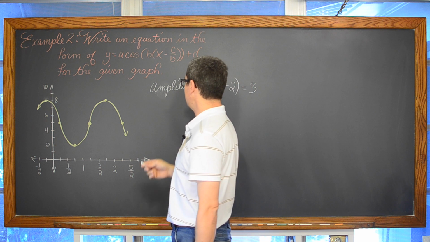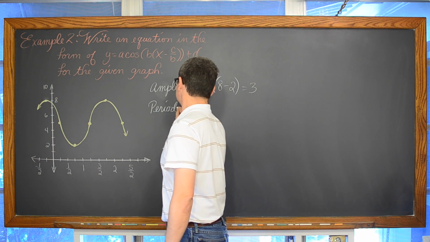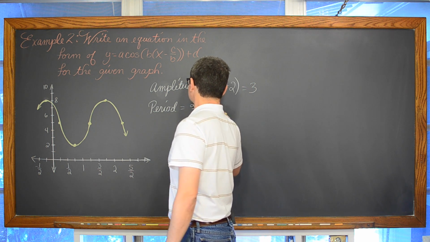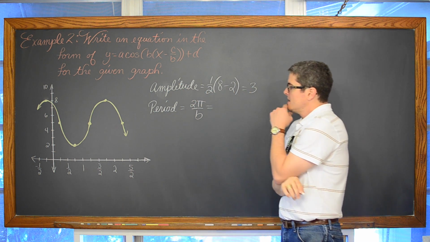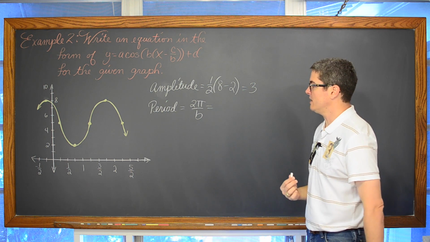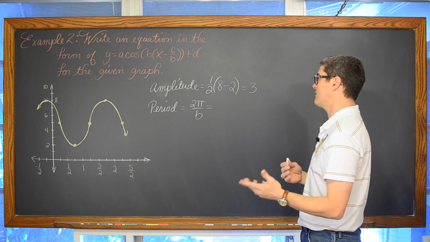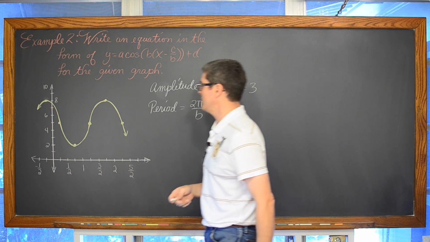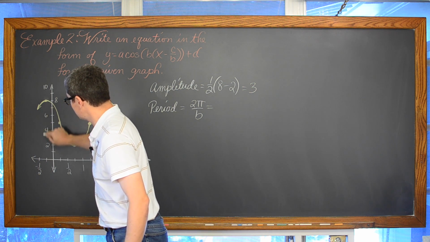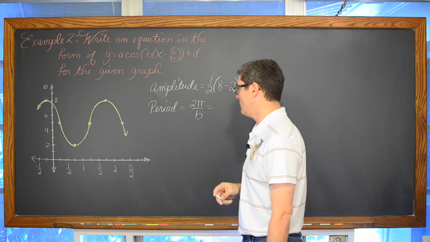What is the period? Well, the period is 2 pi over b. And, okay, let's see here. How far is it between the 2 points in the middle of the cycle, or the 2 maximum values, which I think are really kind of easier. So I've got my x-axis marked off, and here we've got a maximum value at what looks like negative 1/4.